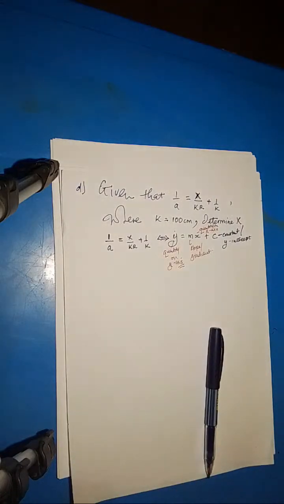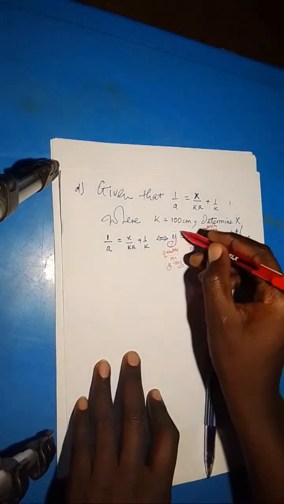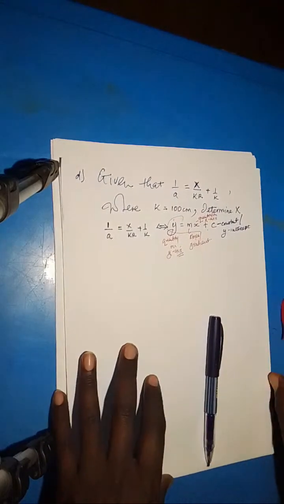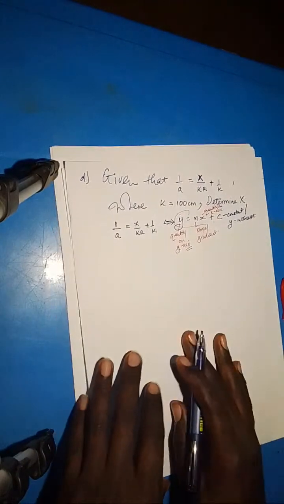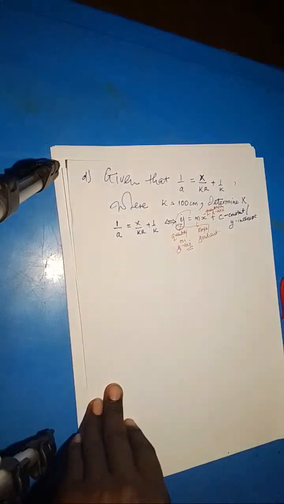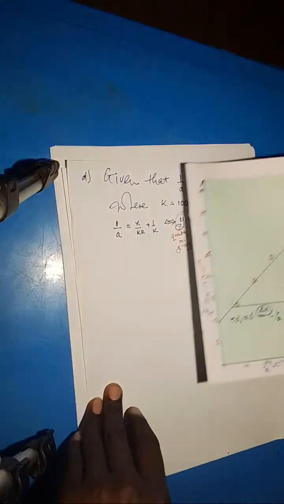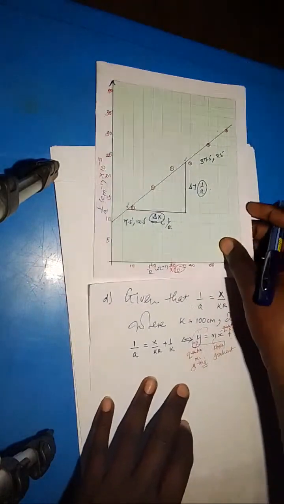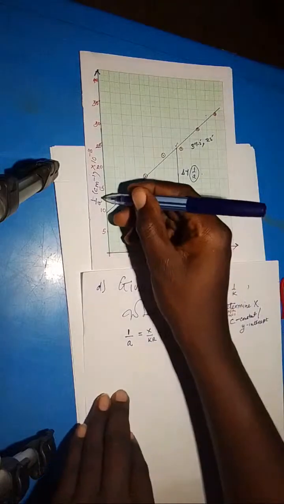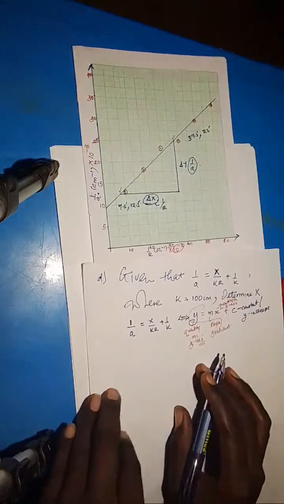This equation must be simplified to match this. And how will it match? If you look at our graph, the quantity on y-axis is 1 over a.